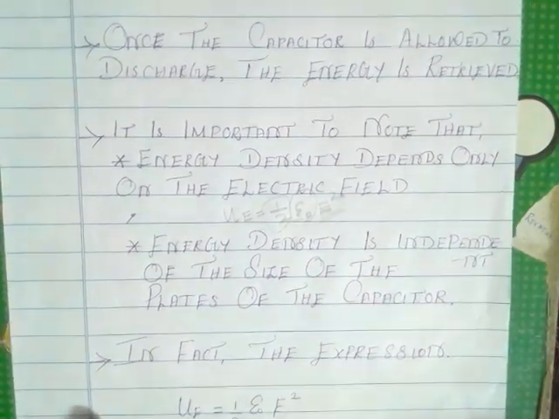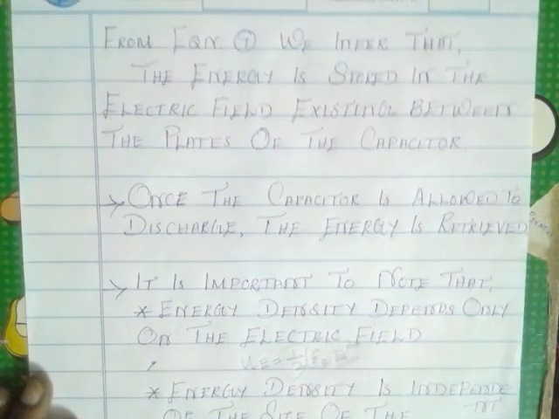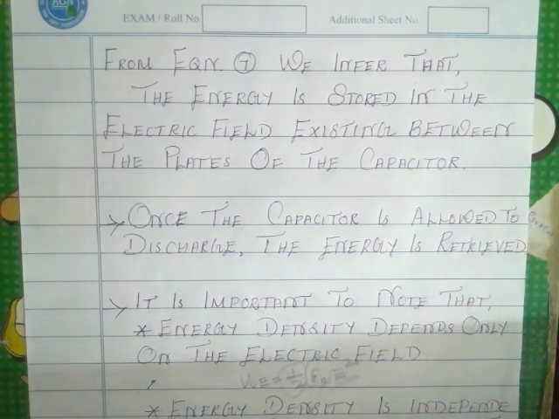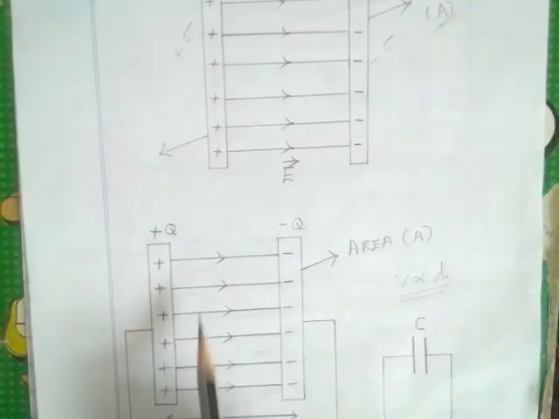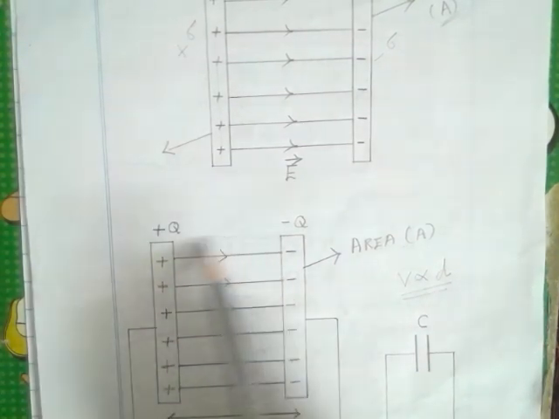From equation 7 we infer that the energy is stored in the electric field existing between the plates of the capacitor. Between the plates of the capacitor, the electric field exists in this space.